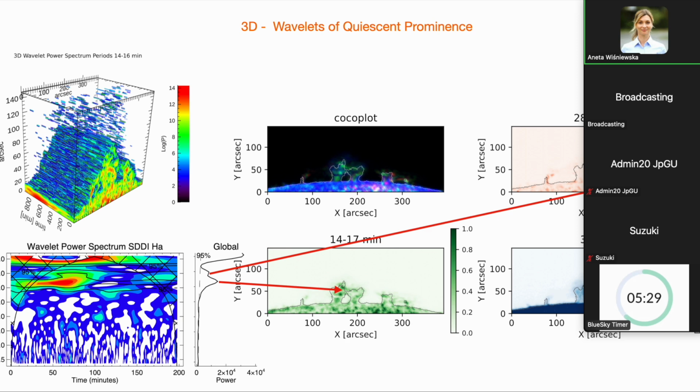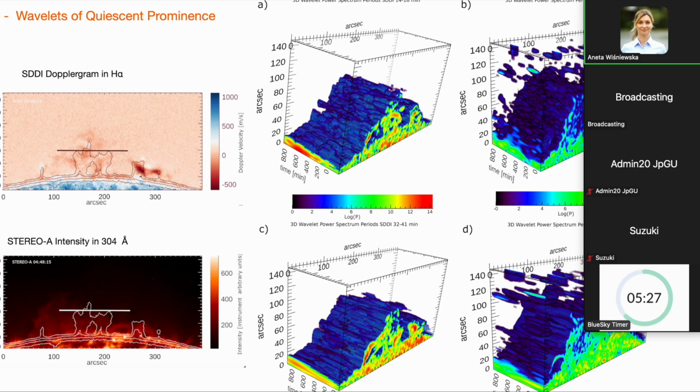So we calculated these 3D cubes representing the temporal and spatial distribution of each frequency band for both ground-based and space-based data sets. You can see on the left side we have cubes for the SDDI Dopplergram in H alpha. On the right side there is STEREO A intensity in the 304.